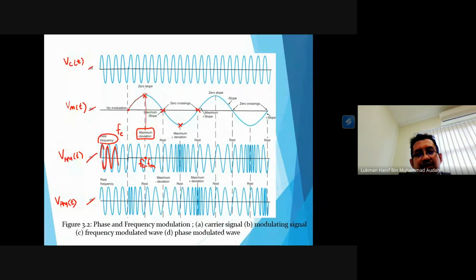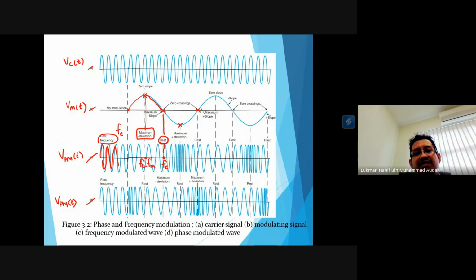Then the input signal moves from maximum positive towards zero crossing, which means the x-axis. When the input signal reaches the zero crossing, the output would be at rest frequency, meaning the carrier would be at frequency Fc.